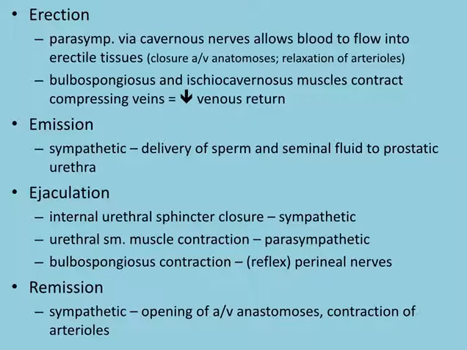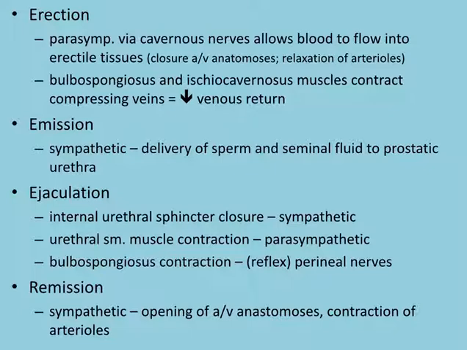Parasympathetic is controlling the urethral smooth muscles to move the ejaculate forward through the urethra. And the bulbospongiosus muscle is contracting over top of that spongy urethra through the perineal nerves. Somatically, it's a reflex to contract those bulbospongiosus muscles to move the ejaculate forward.